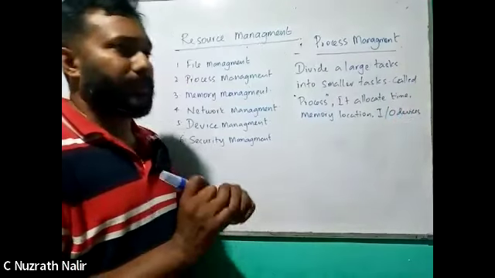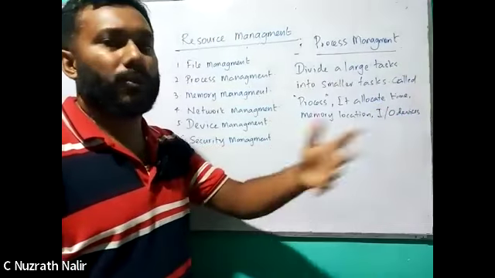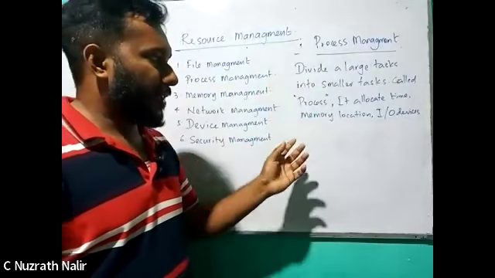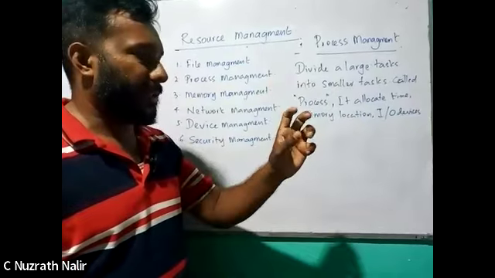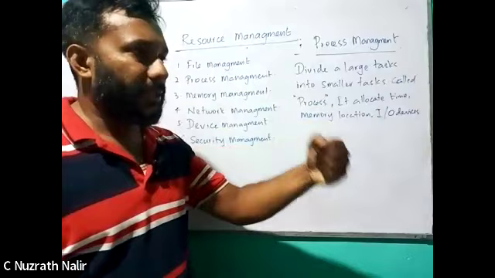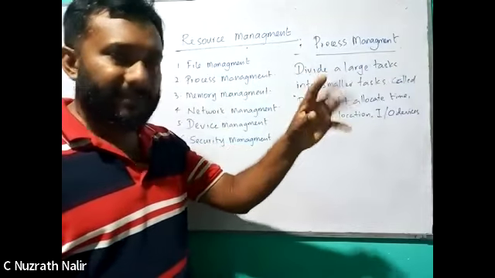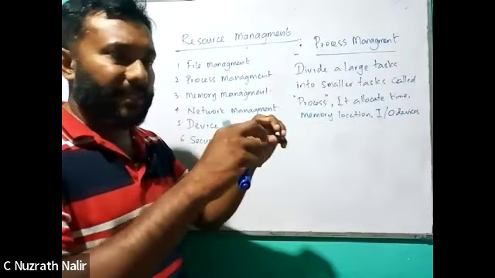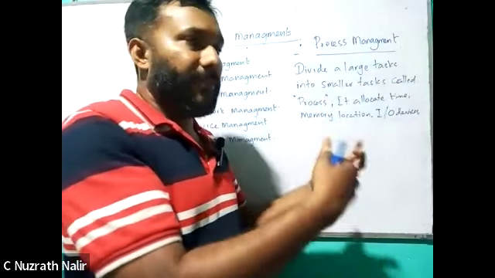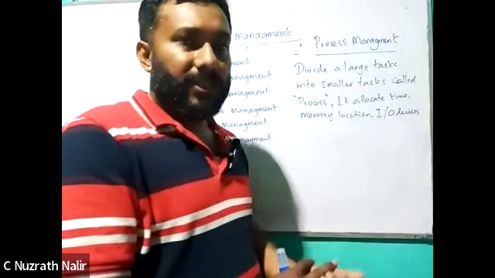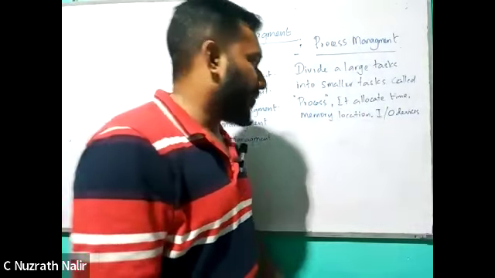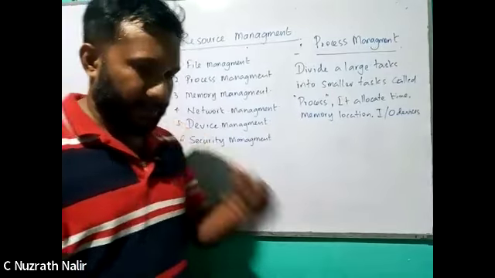Because if you want to take a printout, without the printer you won't be able to print. Whenever you call the printer, automatically the control unit gives a signal to the printer, and it gets ready. You hear some sounds coming. When you give a print command, then only it will work. It gives some sound, it gets ready, and then you can see the messages.